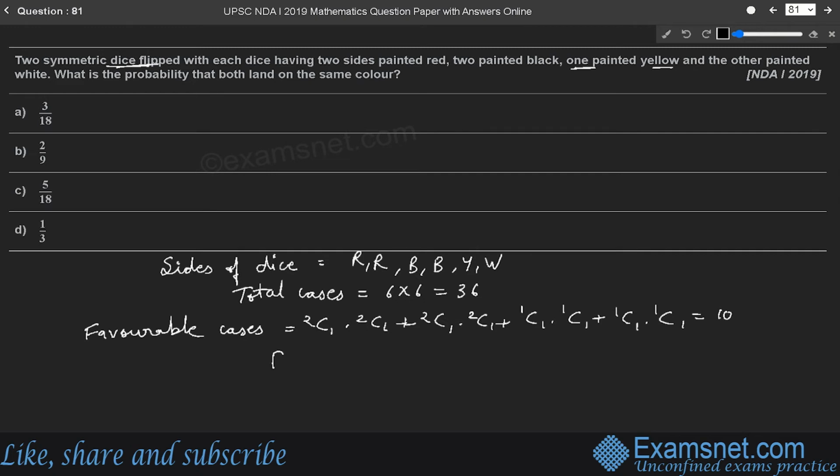Therefore, the required probability will be favorable cases upon the total cases. Total cases are 36, so it will be 5 upon 18. So the required probability that both land on the same color will be 5 upon 18. Therefore, option number C is correct for the given question.